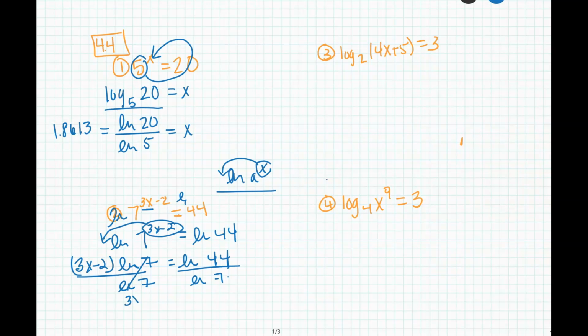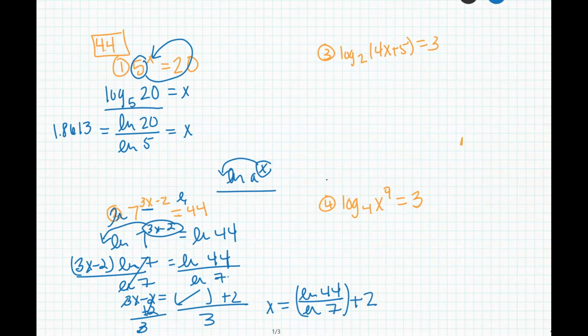And so that gives me 3x minus 2 equal to ln of 44 over ln of 7. And then I'm going to add 2 to both sides, and then divide by 3. And so x would be equal to ln of 44 over ln 7, plus 2, all divided by 3. Once I get this number, I'm going to add 2 to it and divide all that by 3.